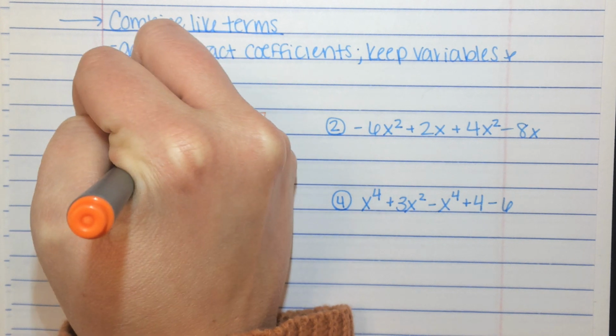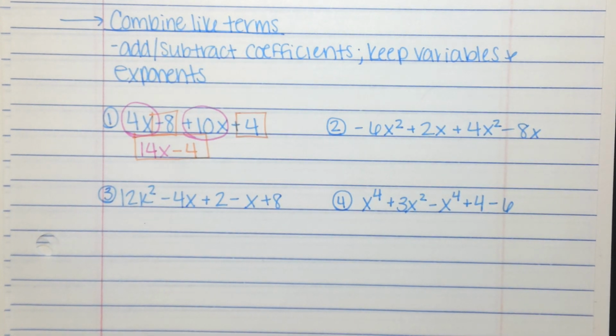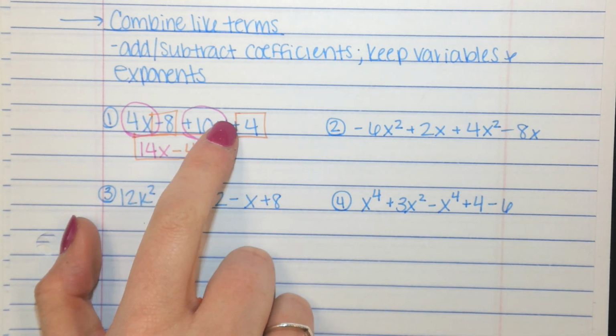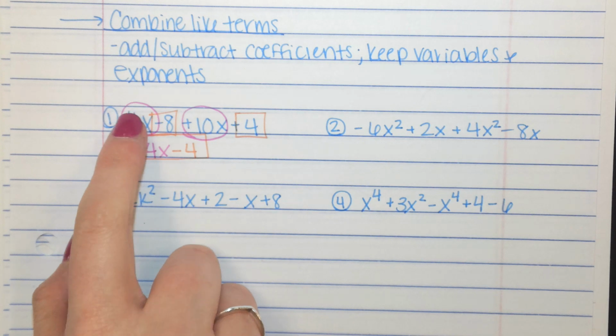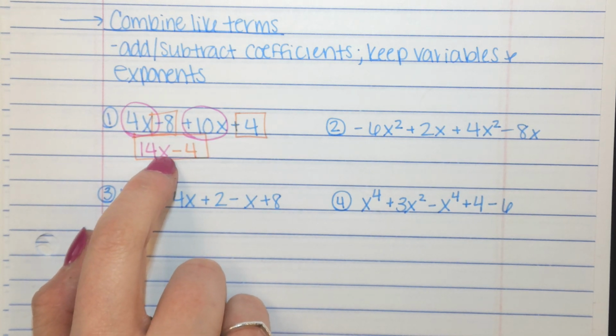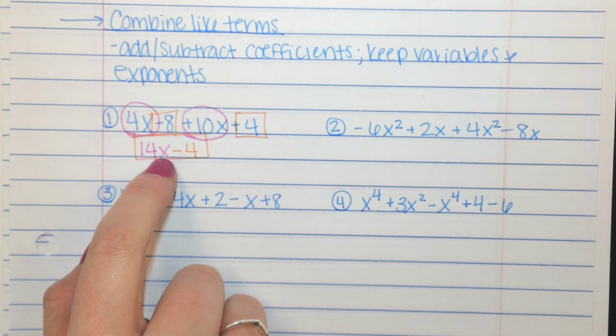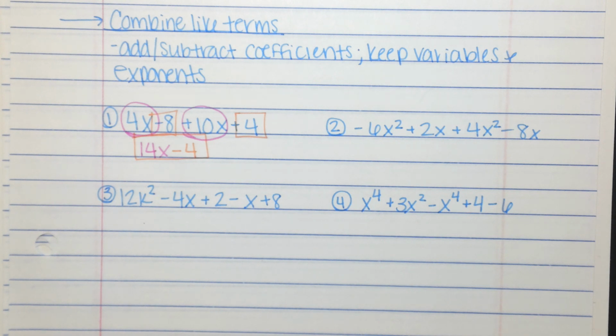So our answer is 14x minus 4. Okay? When you're combining, that's like saying 4 apples plus 10 apples is 14 apples. You're just adding those coefficients. Your variable stays the same. Okay? Pause the video, try numbers 2, 3, and 4, see what you can do, and then we'll check our answers.